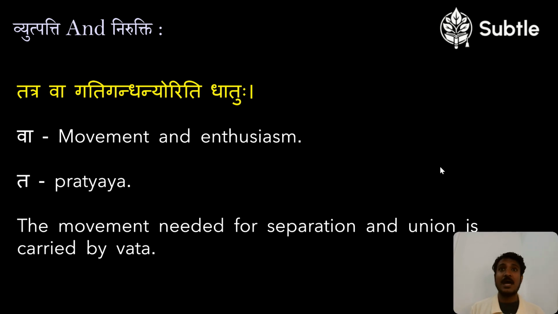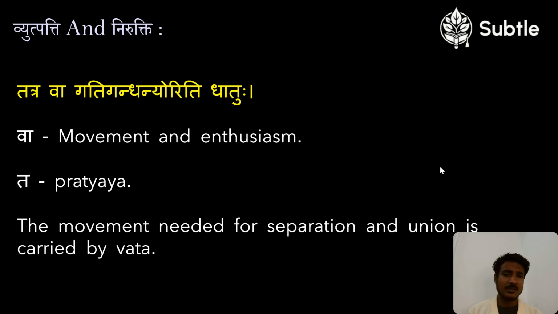But in Sanskrit, every word will have dhatu, upsarga, and pratyay, right? The prefix, the root word, and the suffix, right? So the root word for Vata is Tatra Vagati Gandhanayoriti Vata, right? So the dhatu is Vagati Gandhana. Gati, the word Gati means movement.